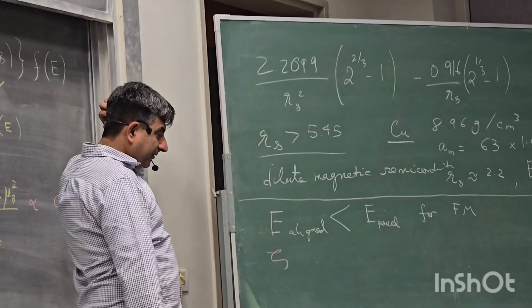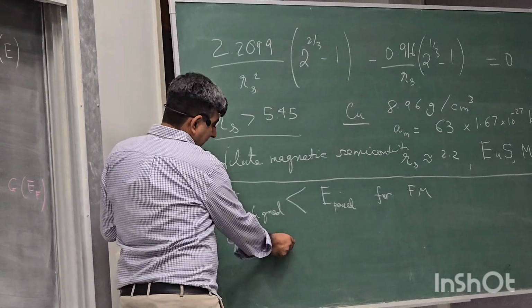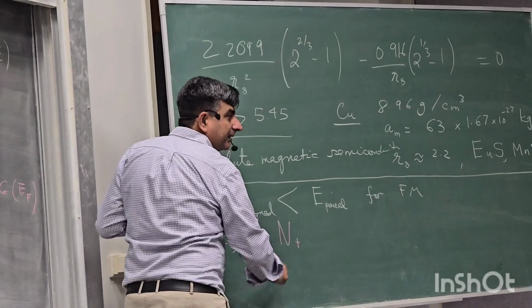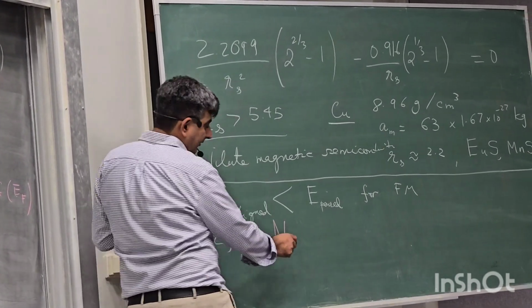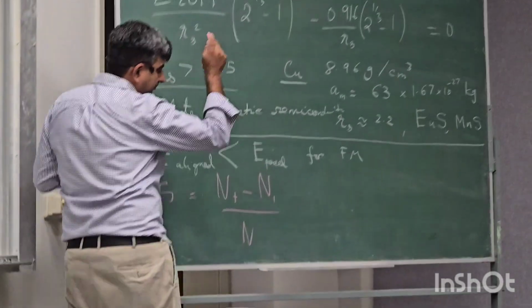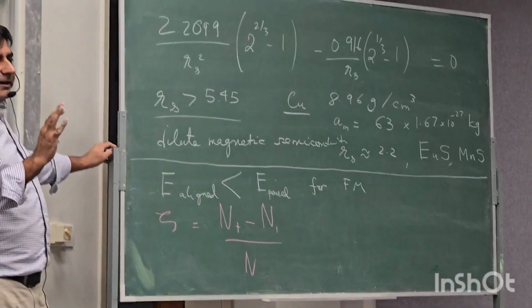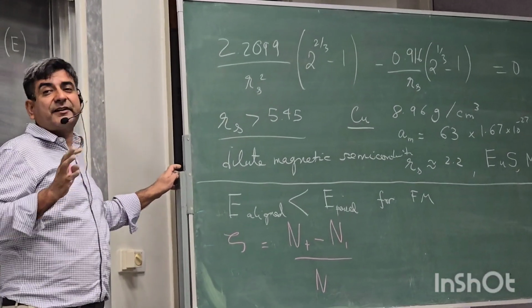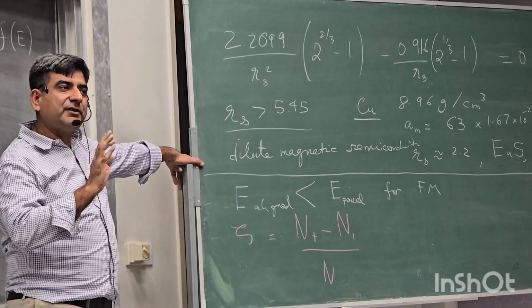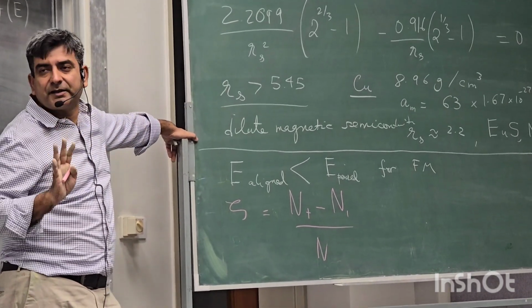Suppose we define a parameter zeta that is n plus, the number of up spins, minus n minus, over n. You just normalize. So the n electrons are divided into two sectors. Some fraction have spin n plus, some fraction have spin n minus.